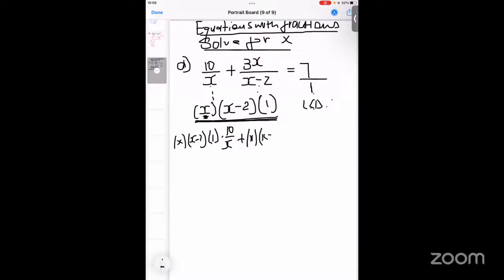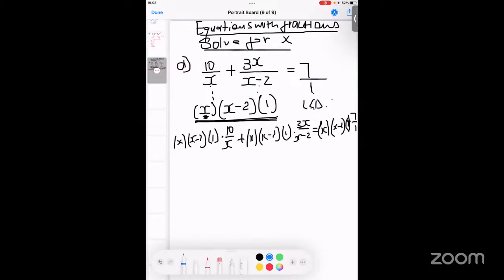that by your LCD. What is it? It is that 3x over x minus 2, which equals, again, multiplied by that same LCD. So every term, you multiply it by that LCD. This is what happens, honorable members.